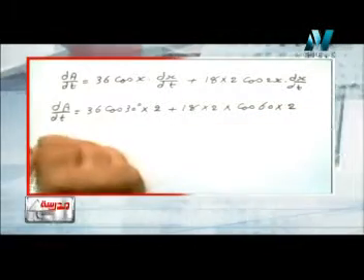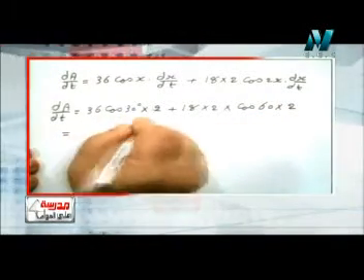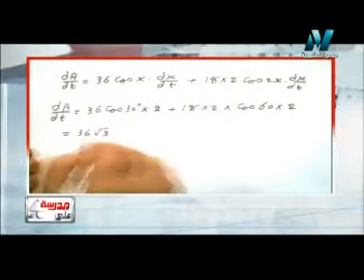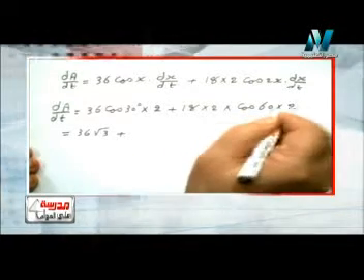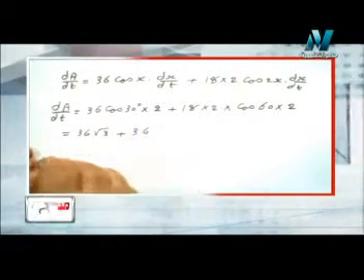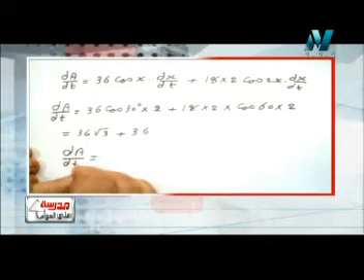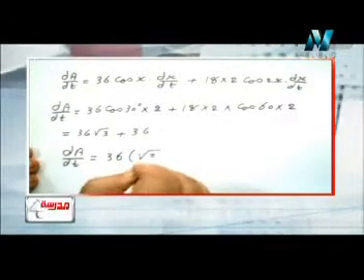Cosine 30 is root 3 over 2, so 36 root 3, plus cosine 60 is a half, which cancels with the 2, so 36. Finally, dA by dt equals 36, common factor, multiplied by root 3 plus 1.